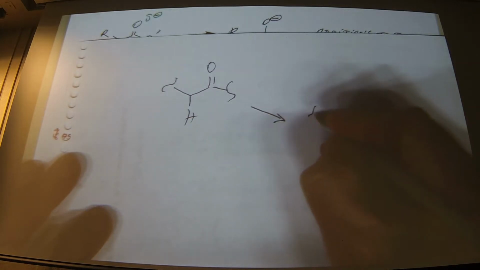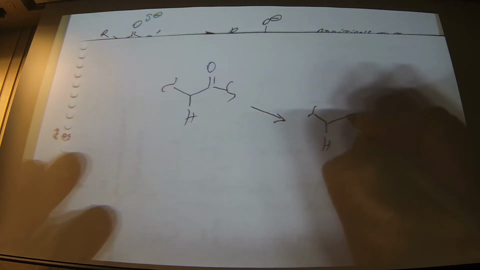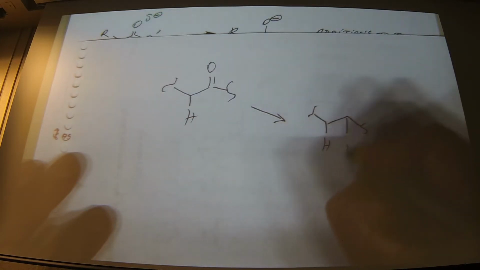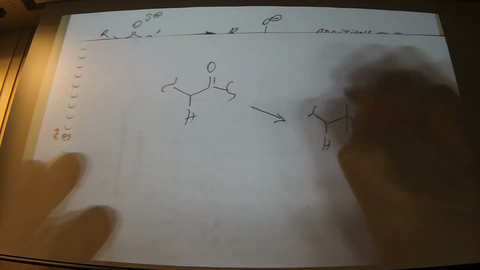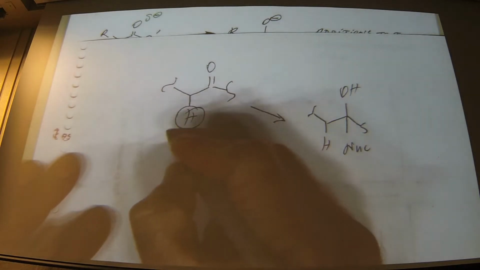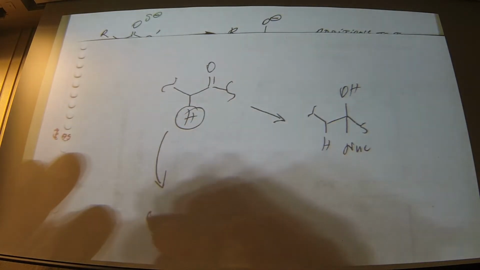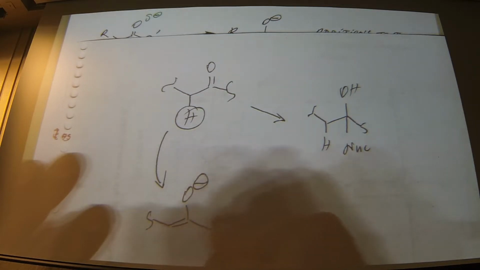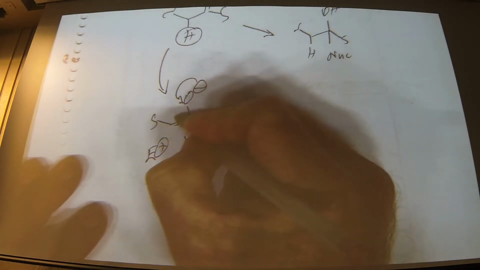I can either add a nucleophile to the central carbon atom and end up with an alcohol, or I can pull that proton off with a base to form an enolate, like so, and then the enolate can react with an electrophile, like so, to form an alpha alkylated ketone.